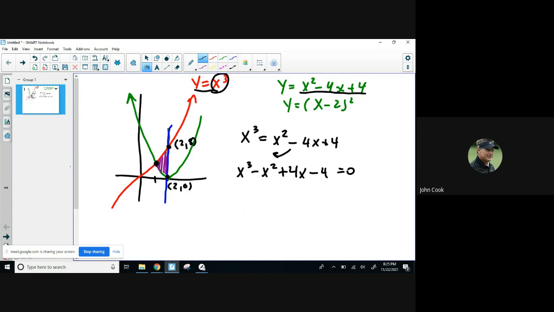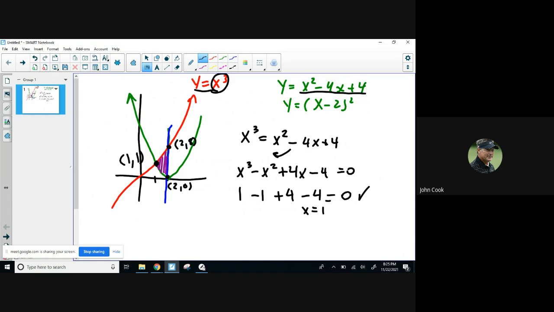The coefficient on the x to the third is 1, on the x squared is negative 1, on the 4x is 4, and the constant is negative 4. If you add all those together, you get 0. So x equals 1 is another solution, and that's probably where that coordinate is, (1, 1). That's the last coordinate.